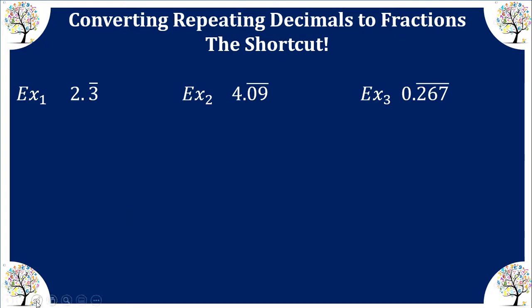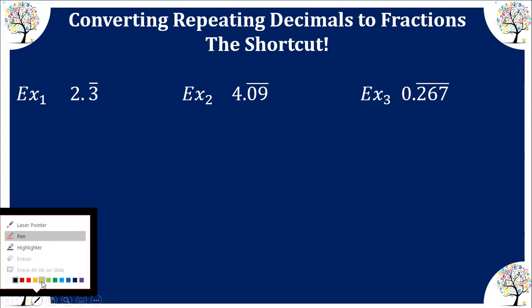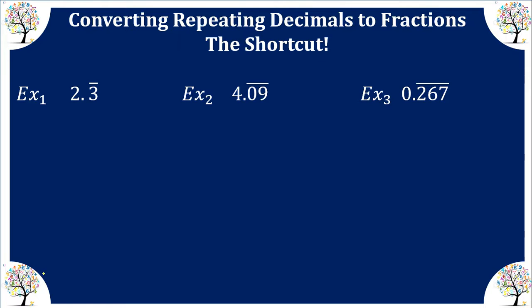Now here is the quick way to write a repeating decimal as a fraction. So I have 2 and 3 repeating, so I have 3 and it's one digit, so I'm going to put it over 9. So this is what makes this rational. Here I have 4 and 9, and I'm going to put it over 99.